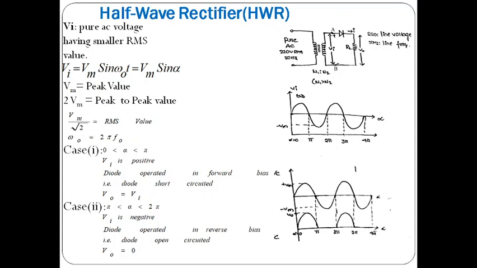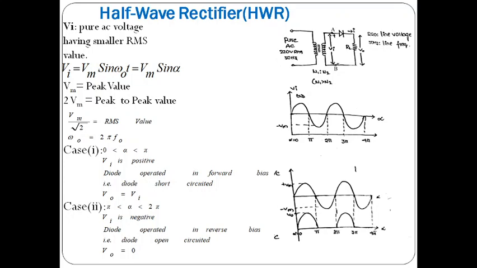Here Vi is the pure AC RMS value and it is the output of the secondary winding. We are considering this as Vi equals Vm sin omega t. It is a sinusoidal signal, or we can write Vm sin alpha.